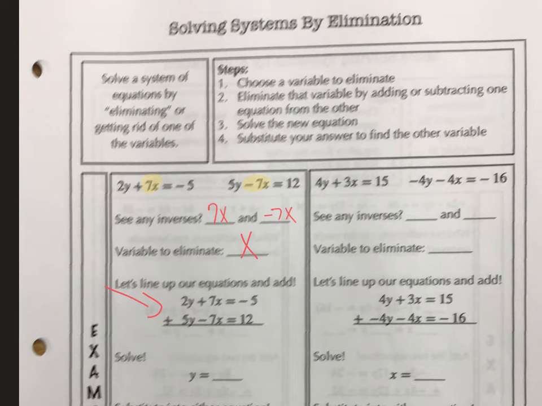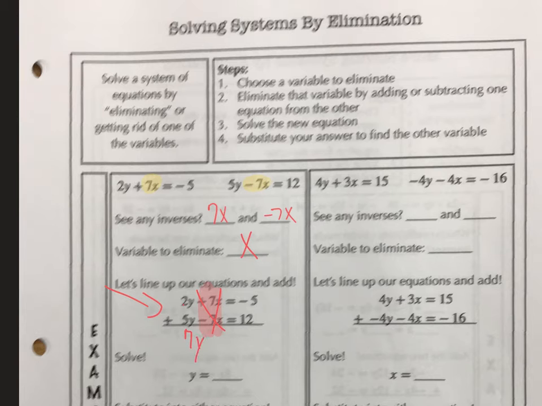It's kind of set up like an addition problem, right? Or subtraction, depending on what you're going to do. And I have also found that these are opposites, or inverses of each other. Okay? Are you paying attention? Yes, I hope. Okay, so I can cancel these out, right? Now, what is 2y plus 5y?